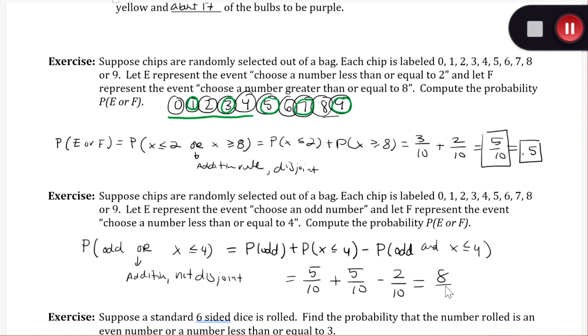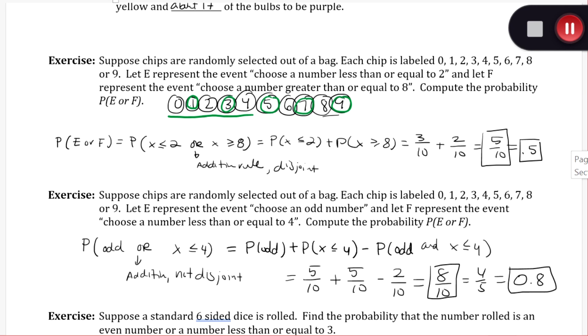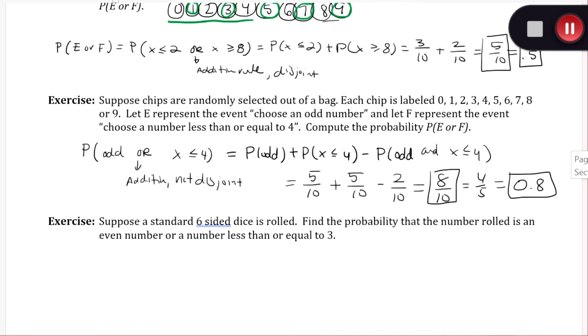So we have 8 over 10, which reduces to 4/5, or 0.8. Okay. If you look at this, you can see that 6 and 8 are the only ones that aren't going to possibly be selected, so there are 8 that could be selected under these events, and that's why the probability is 8 out of 10.